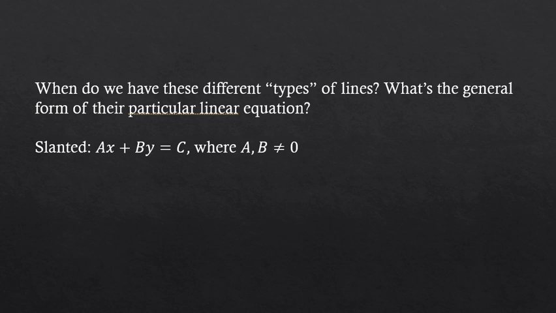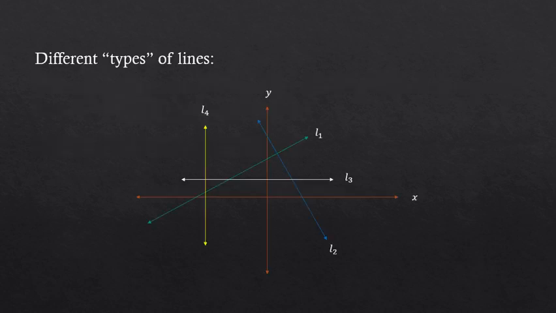Now, again, as you look back at this graph, you can see that for L1 here, this goes up as we go to the right. This means that this line has a positive slope. As x increases by 1, y is going up by some quantity. For line L2 here, the slope is negative. As x goes to the right by 1, the y value goes down by some quantity.